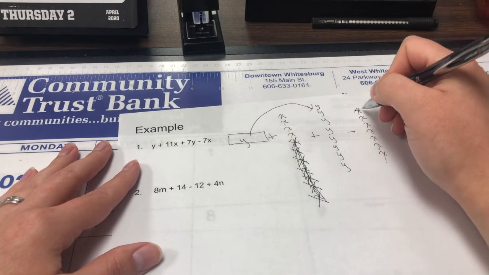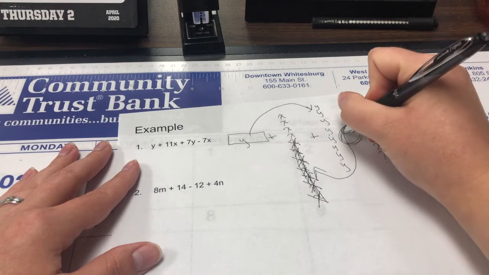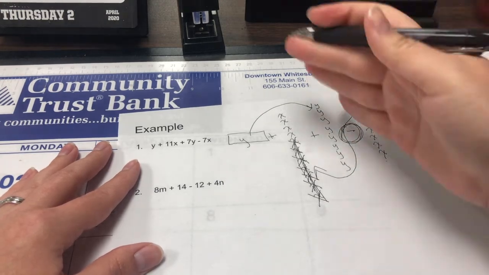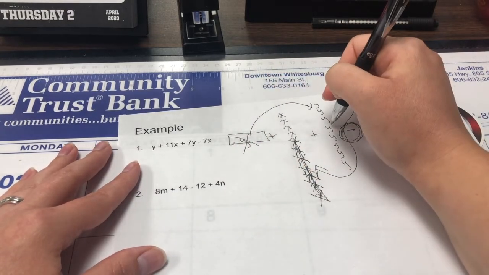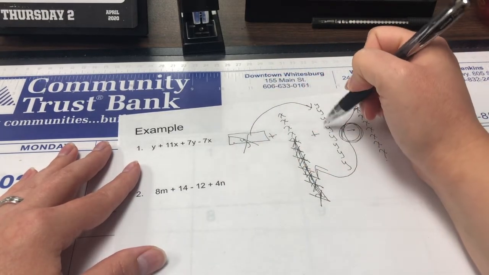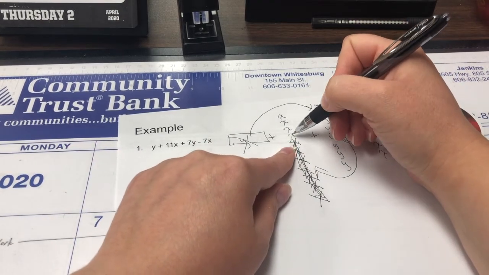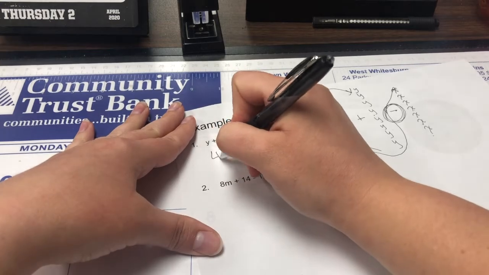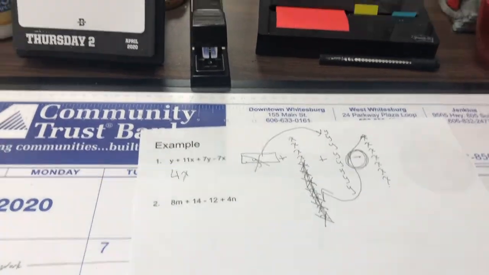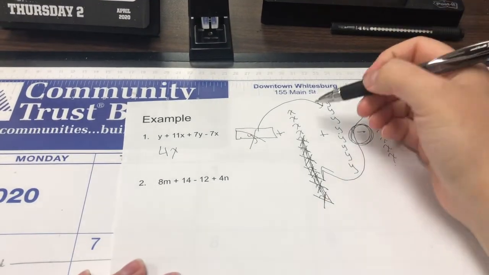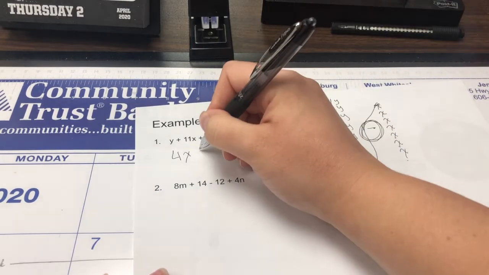So this one, when we combine them over here, we're taking them away. So that means when I'm looking at, because remember, we combined this one. We brought it over here. And we're adding those. So now, what do I have left? I have 1, 2, 3, 4 x's. I have 4 x's. And I have 1, 2, 3, 4, 5, 6, 7, 8 y's.